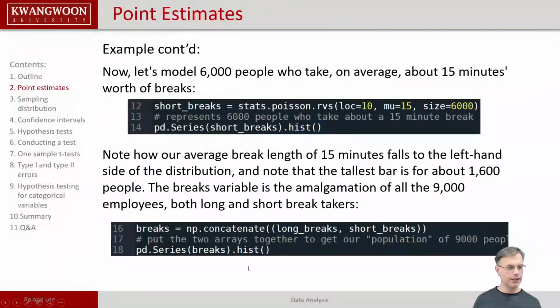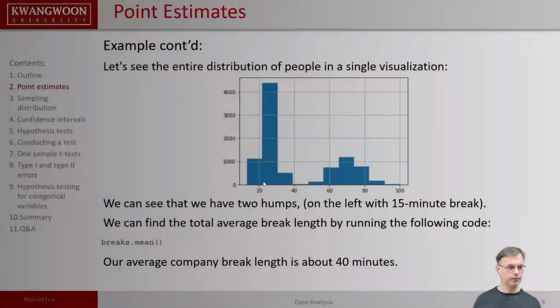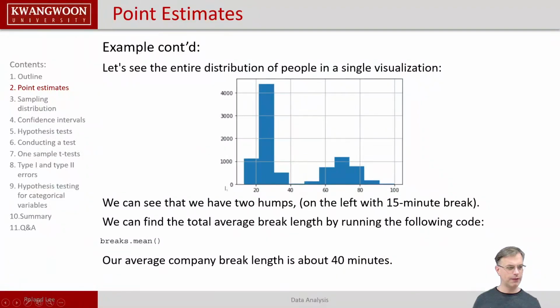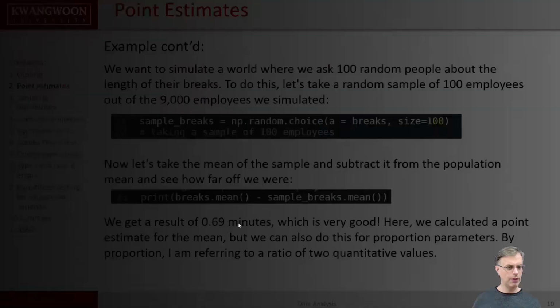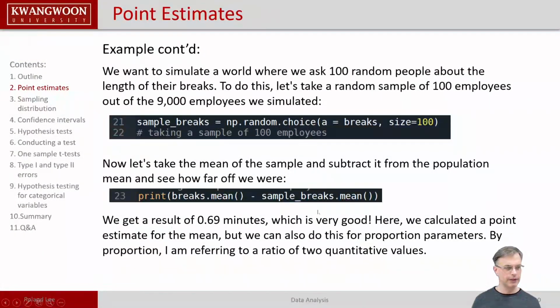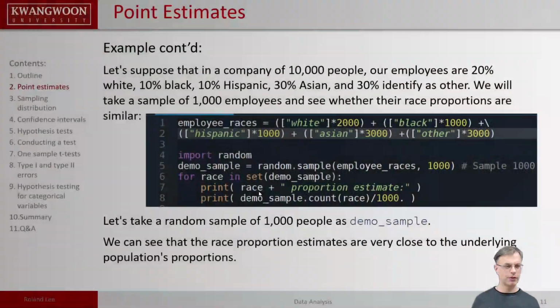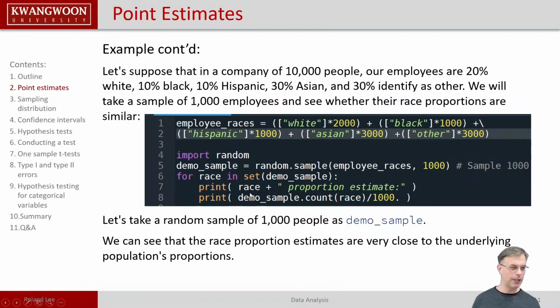And I continued here. And this is what we got. We got also the mean, and now here we got a result of 0.69 minutes, which is very good, as I mentioned, since we have just a little bit more than 1% of the entire population.